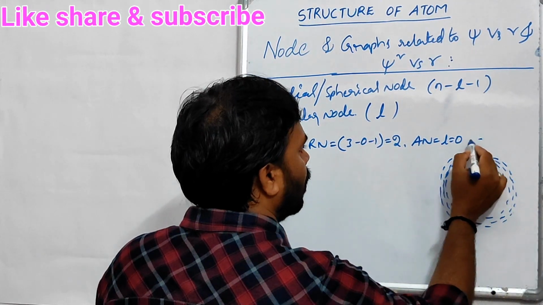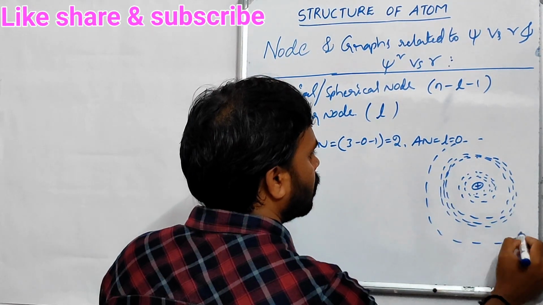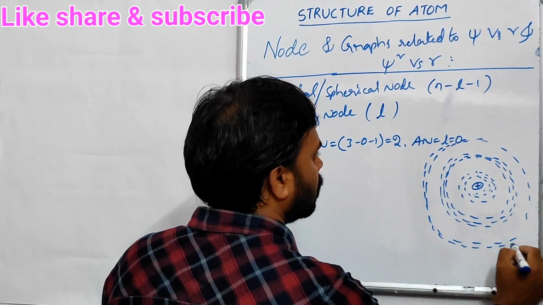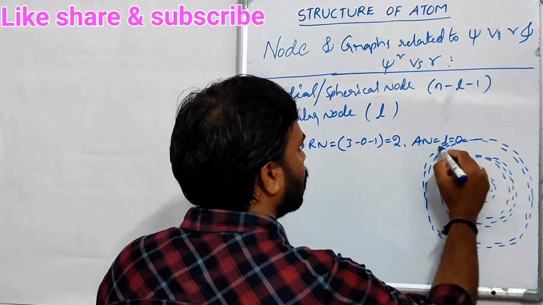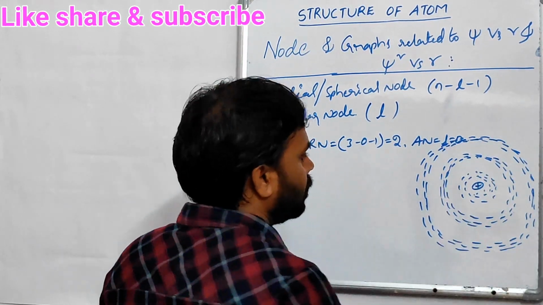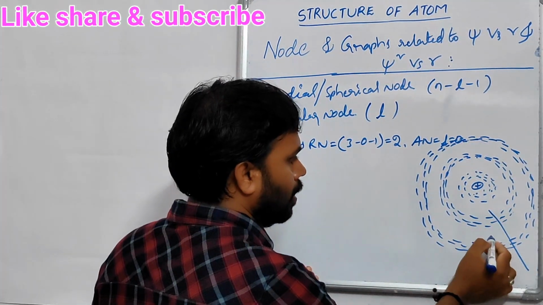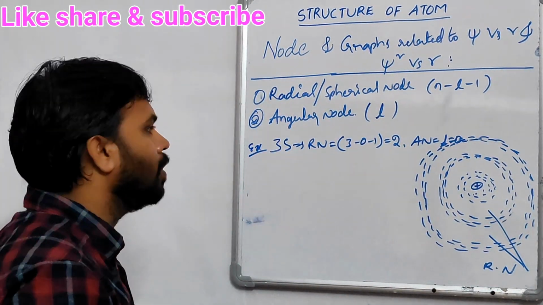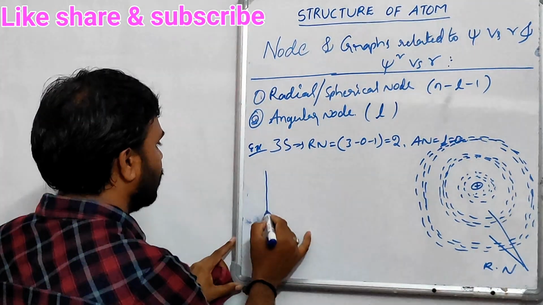This is the 2s orbital. This is the region of the 3s orbital, and this part is called the radial nodes. Let's see the graphs related to the 3s orbital.